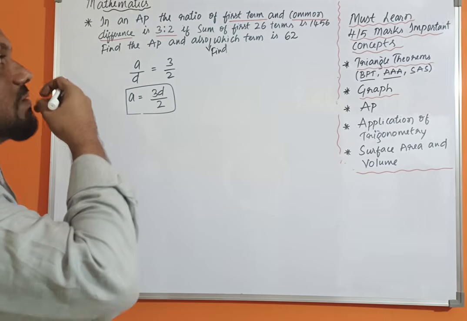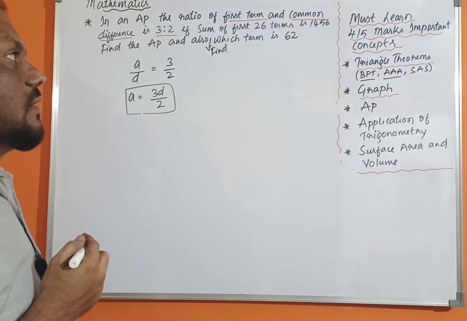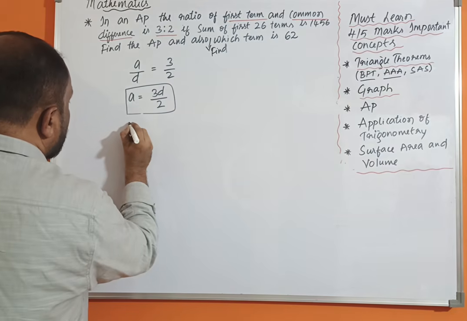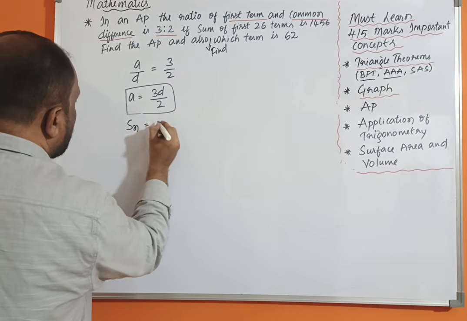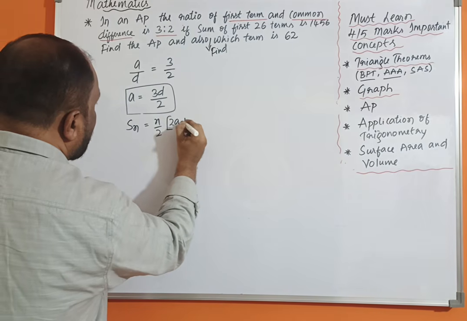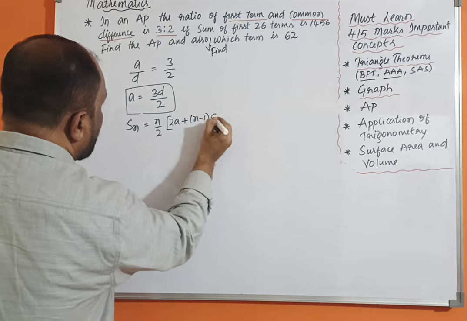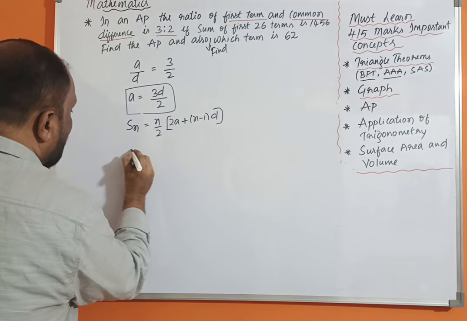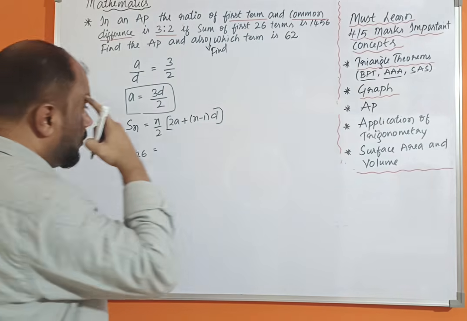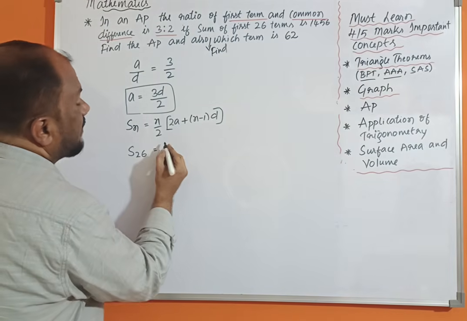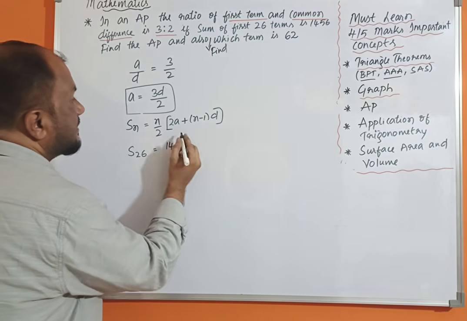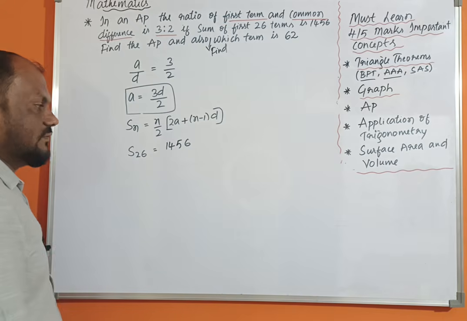Now, what is given? The sum of the first 26 terms is 1456. So the Sn formula: Sn is equal to n by 2 in bracket 2a plus n minus 1 into d. So S26 is equal to 1456.